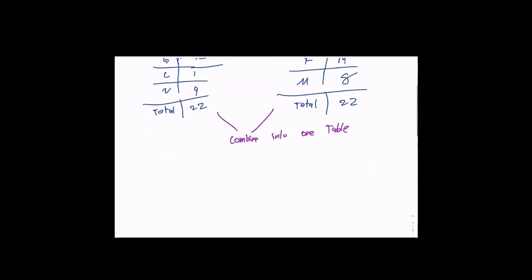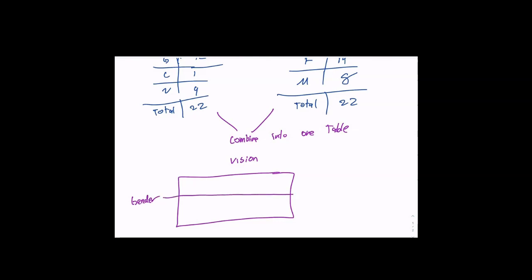So I'm going to put vision on top, and I'm going to put gender over on this side. There are 2 genders, female and male, and the visions were glasses, contacts, and neither.